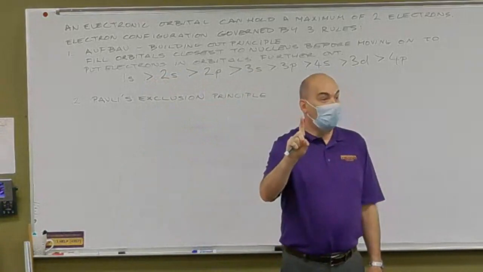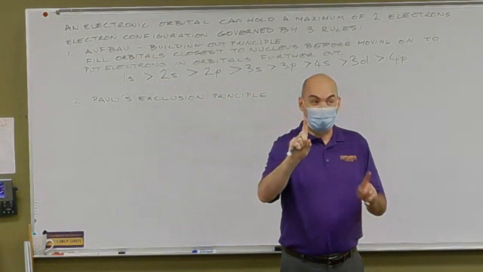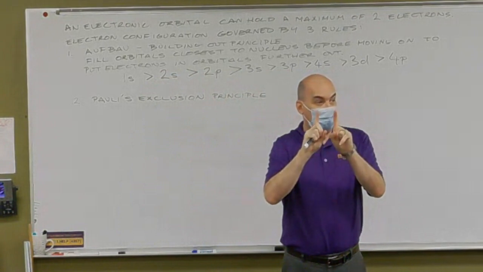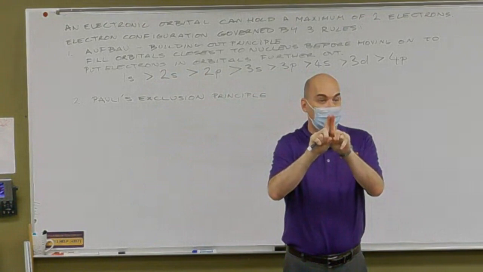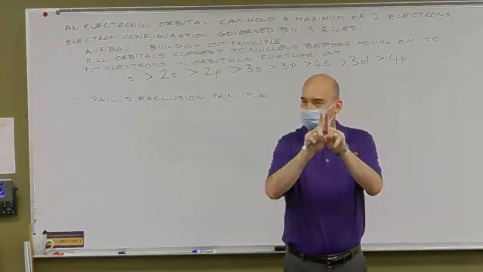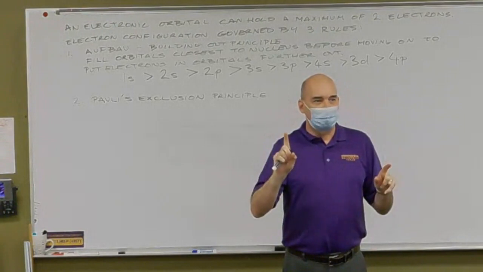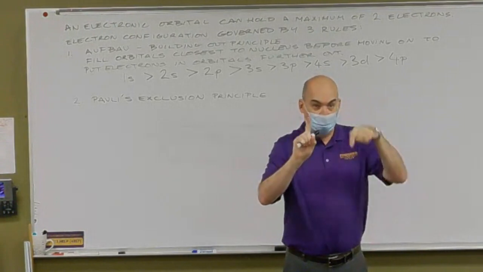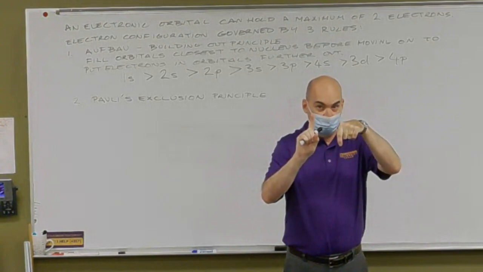I've got a north and a south pole to this magnetic field. And if I'm putting 2 magnetic fields in the same box, they better not be pointing in the same direction. You try and put 2 magnets together with north and north, and they will flip. Okay. So electrons in the same orbital will be spin opposed, one up, one down. Okay.